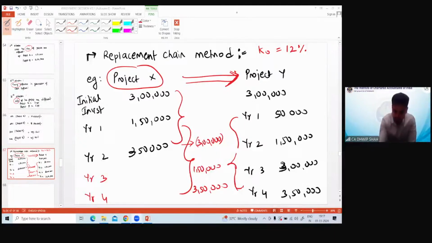Any confusion here? Very easy. The replacement chain technique says you have to bring the life of the two projects at par. So since project X's life is 2 years and project Y's life is 4 years, undertake the entire project once again, so that the life is equal.